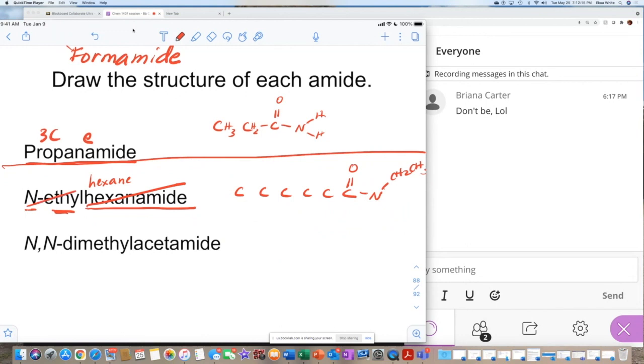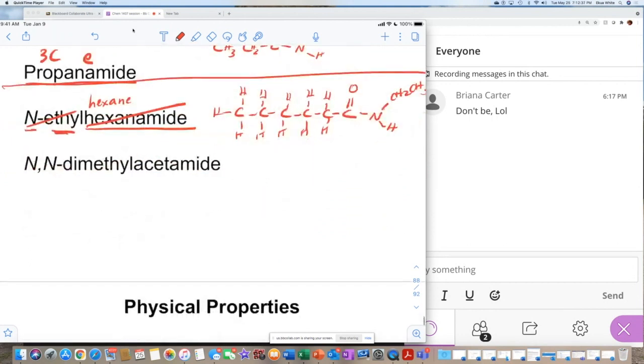That takes care of that, so I can just fill in the rest of the hydrogens, up and bottom, alternating, with H to the left and to the bottom. Made it.